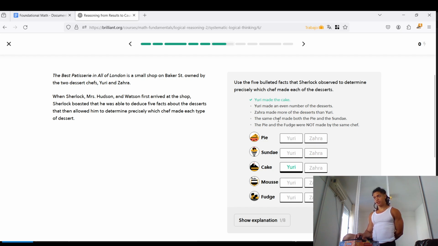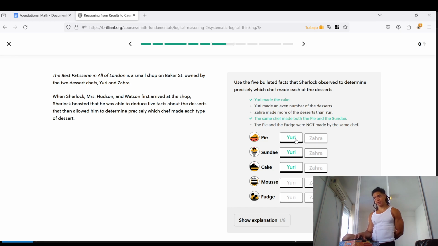All right. Sarah made more desserts than Judy. So the same chef made both the pie and the sundae. So Judy cannot make this, because according to Sherlock, Judy made an even number of desserts.